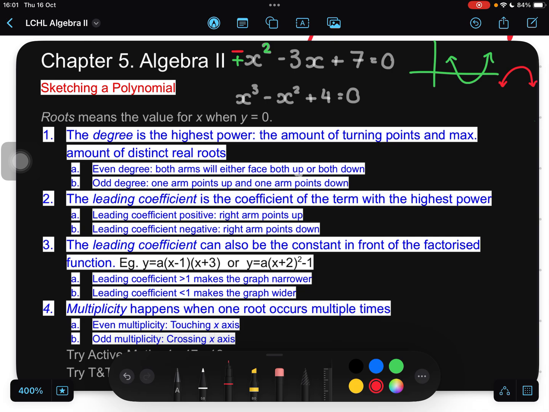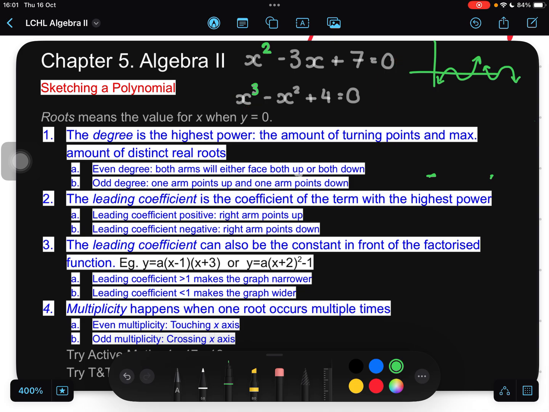So for a quadratic, either both arms face up or both arms face down, because its degree is even. If it was an odd degree, like in a cubic, then the arms face opposite ways, one going downwards and one going upwards.